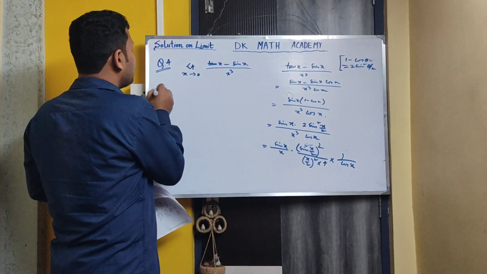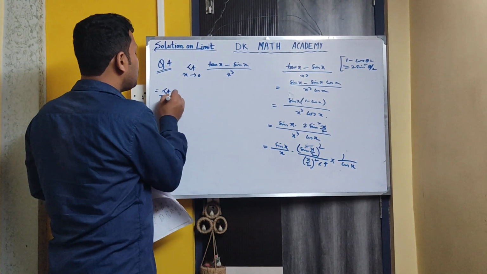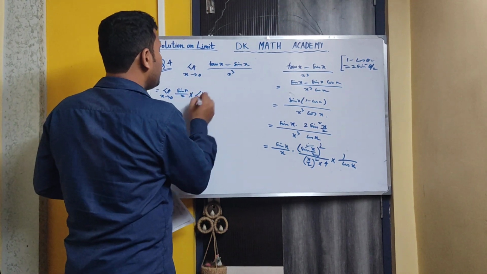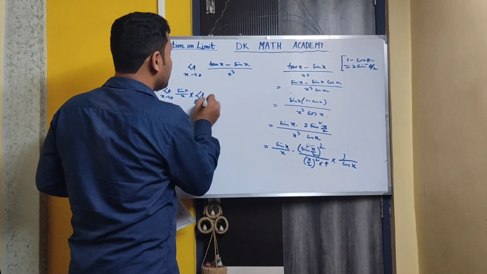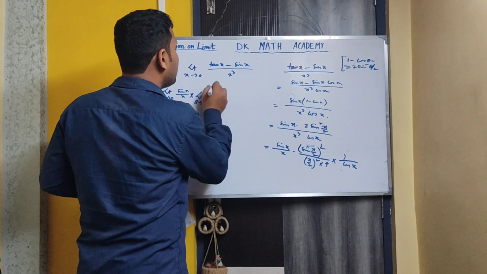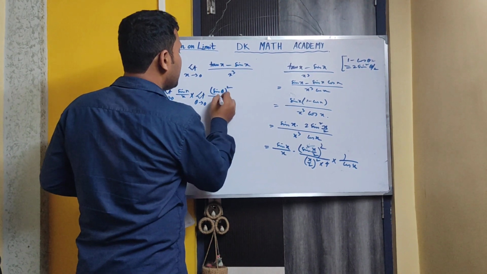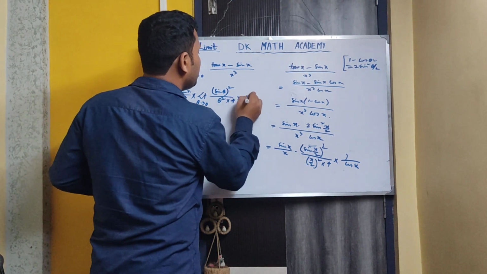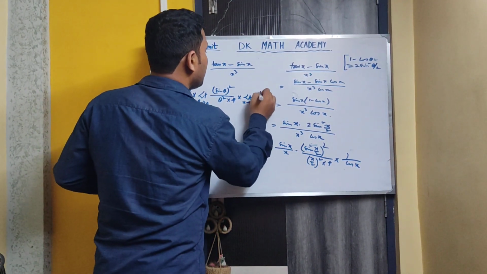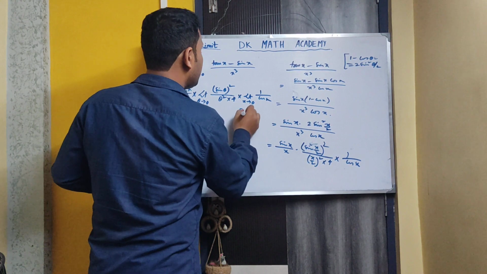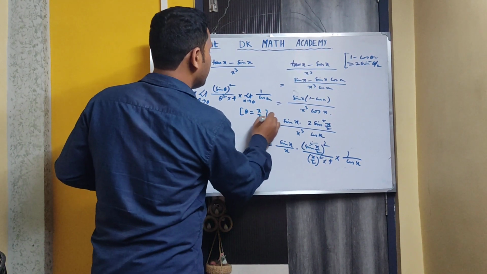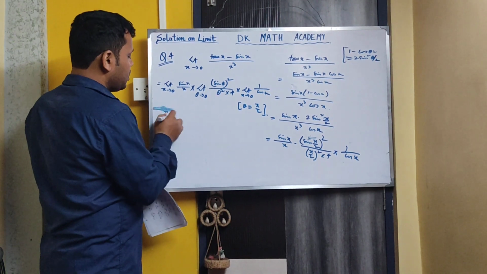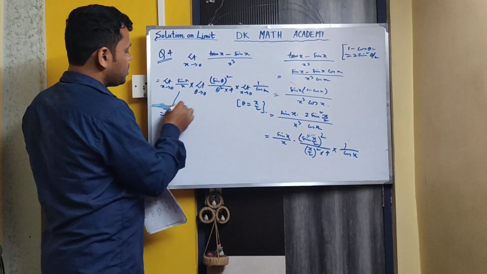Then we have limit x tends to 0, sin x by x into limit theta tends to 0, sin theta whole square by theta square into 4 into limit x tends to 0, 1 by cos x, where theta means x by 2. Okay, this limiting value is 1.